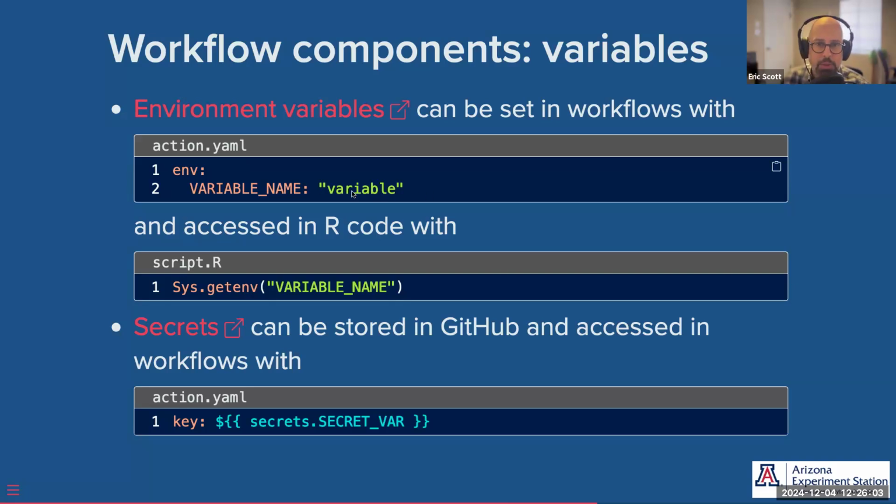And you can give that any sort of value you want. And then this is super useful because in your R code, you can access environment variables in R with the Sys.getenv function. And so this we'll see in our last example is a way to pass information from your workflow file into your R script and do some really cool stuff.